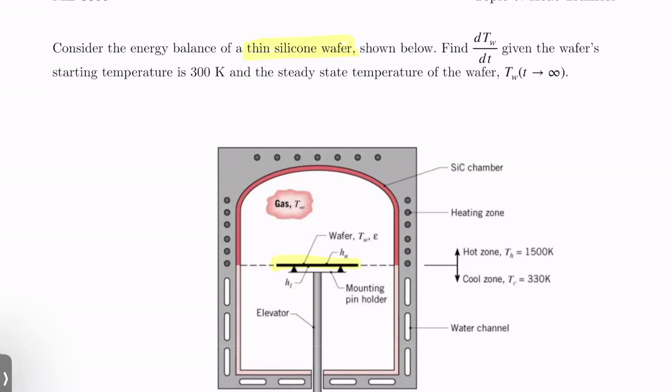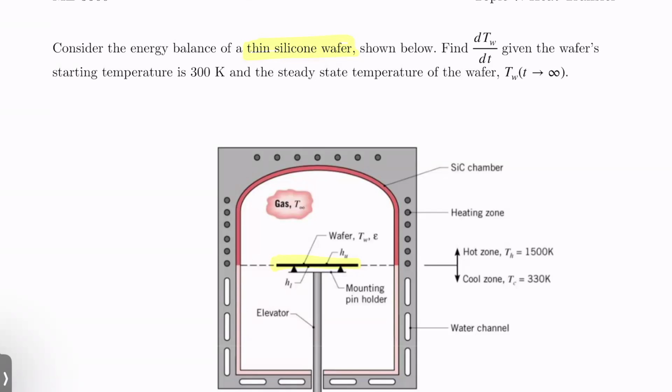So we are given this convection coefficient for both the upper and the lower sides. We have an H_U and an H_L. And then we're also going to assume that we have radiation happening for the top and the bottom surface as well, okay?